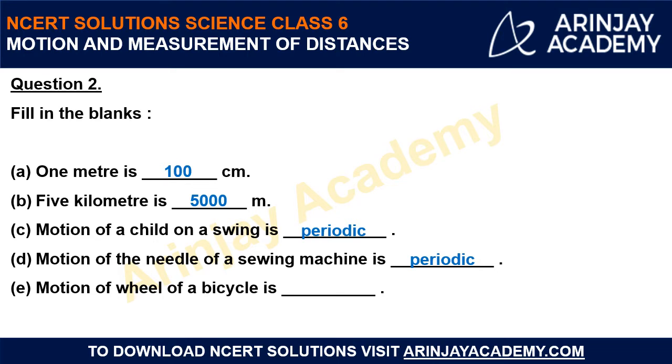Alright. The final statement, the last one, says that the motion of wheel of a bicycle is. So you know that a wheel rotates about a fixed point, that is about the center of the wheel, and such a motion is called circular motion. So here we have done all the 5 statements. Let's move to the next question.